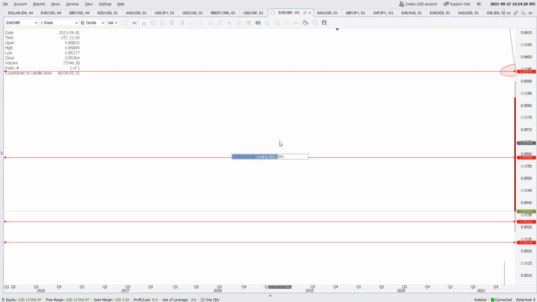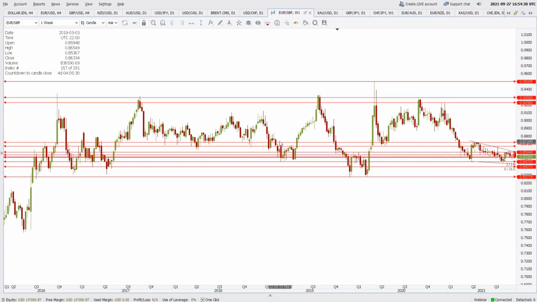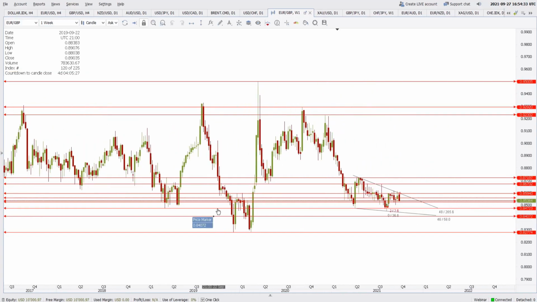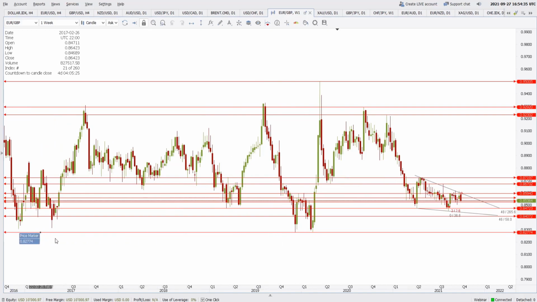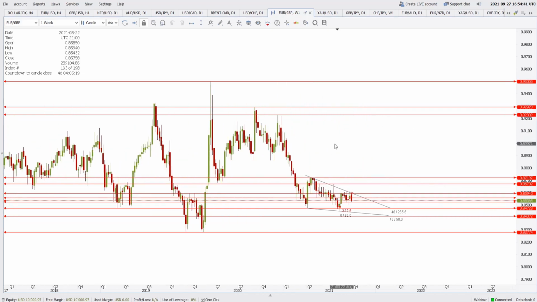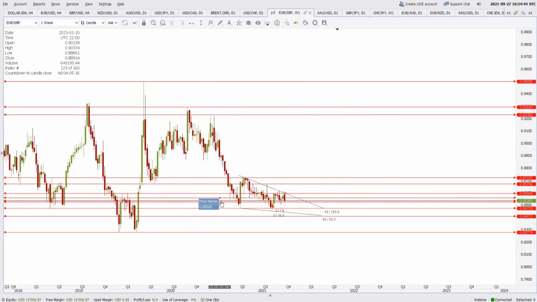Why am I talking about buying this market? Because this is already at the lows of the trading range. The trading range here is approximately from 0.8277 to 0.9277 or 0.9299 region. So if you want to make use of this trading range, then breaking higher here means that the price has taken support here, and we will still have a good risk to reward ratio if you want to trade.